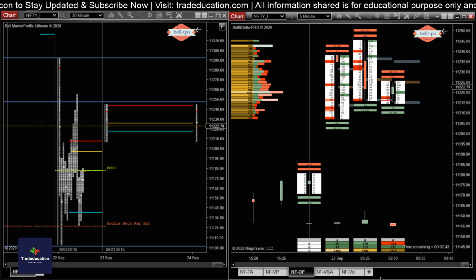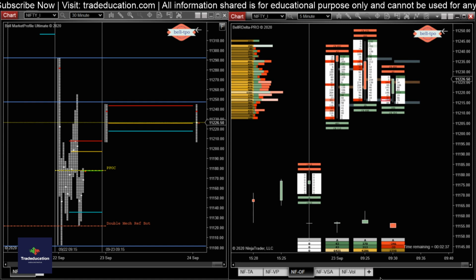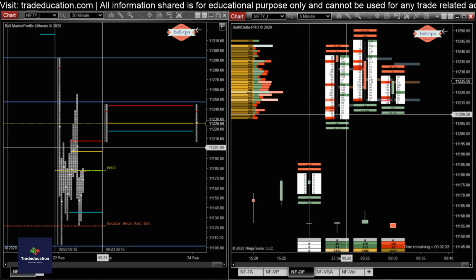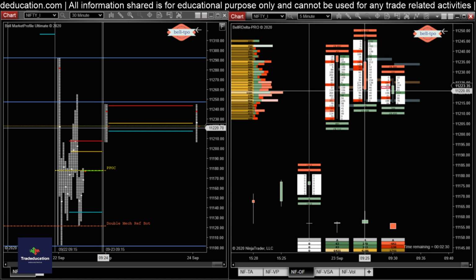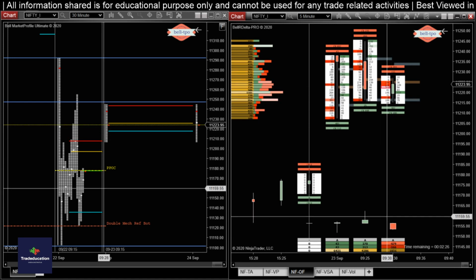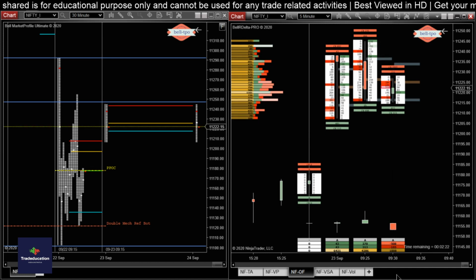So volume is drying out. 1400 current volume, 1500. Divergence seen in the last 5-minute previous candle. Divergence also seen in the current candle. You see delta is negative, whereas the candle is positive, it's bullish.